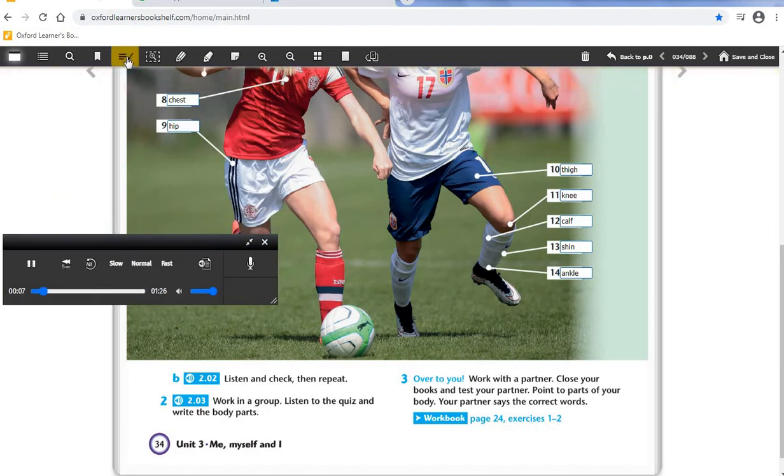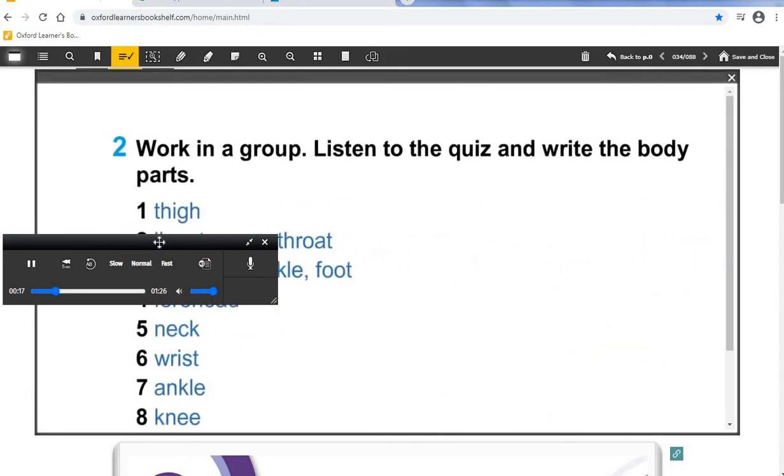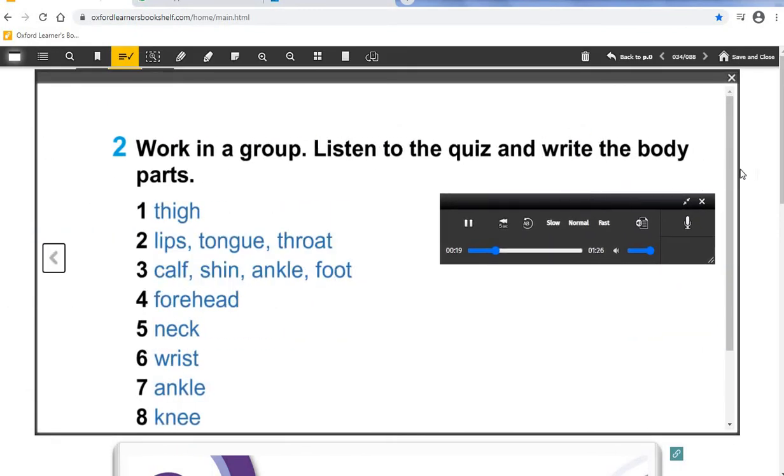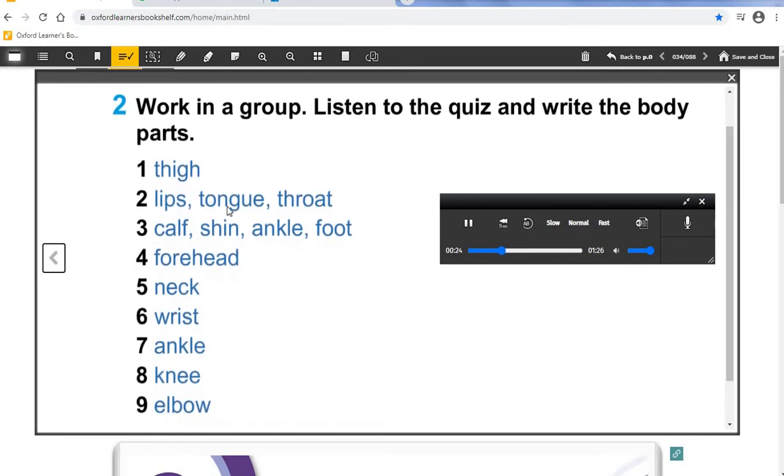1. What is the top half of your leg called? 2. Which 3 parts do you use to talk with? 3. What's below your knee? 4. What's between your eyes and hair? 5.